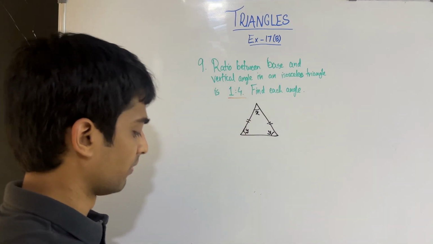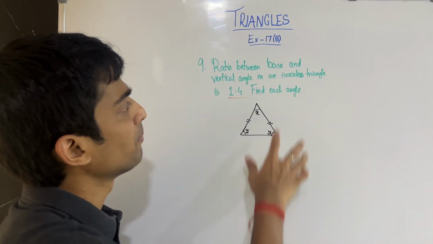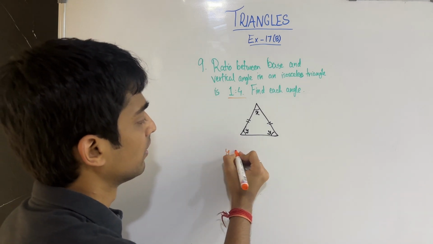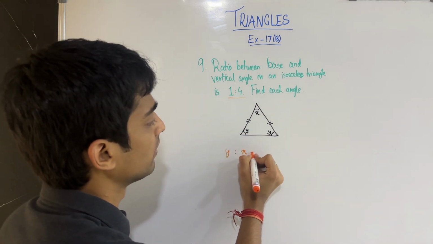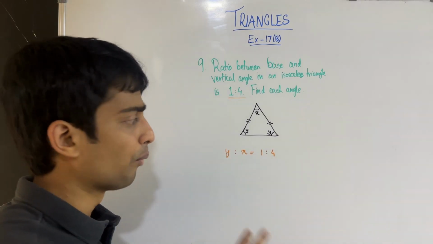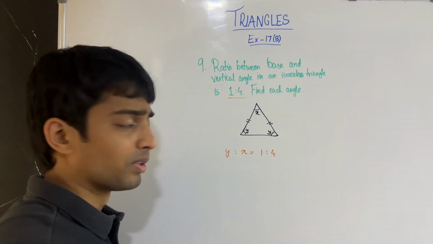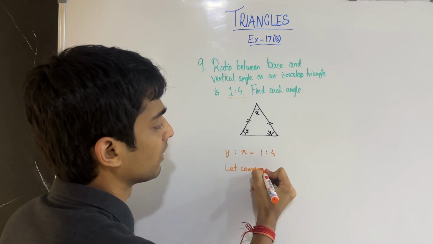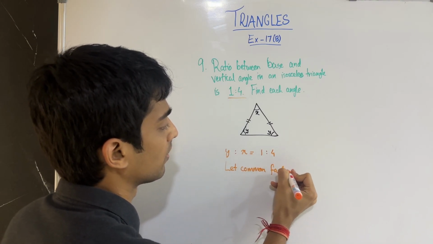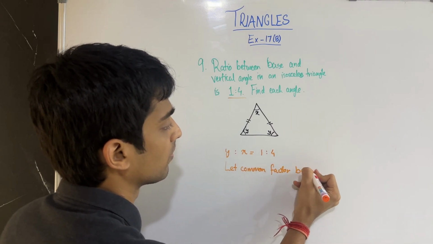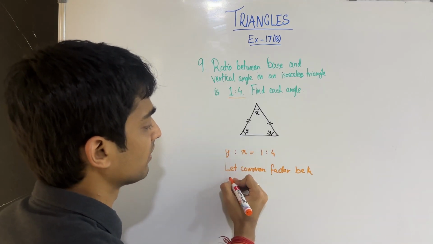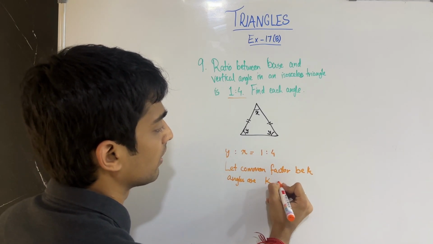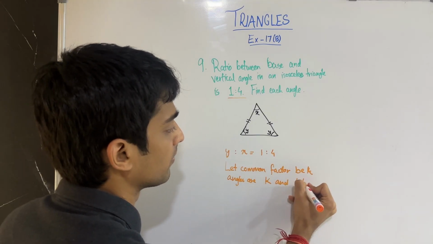Now what we have been given is the ratio between base and vertical is 1:4. Now we want to know the actual values of these two. So let's write, let the common factor be k. So the angles are k and 4k.